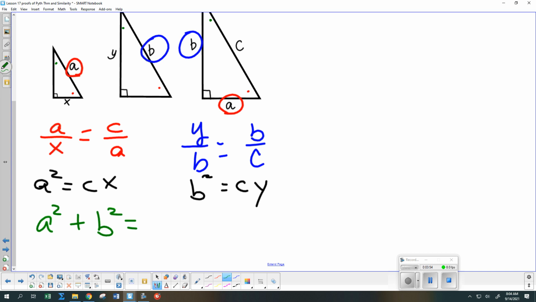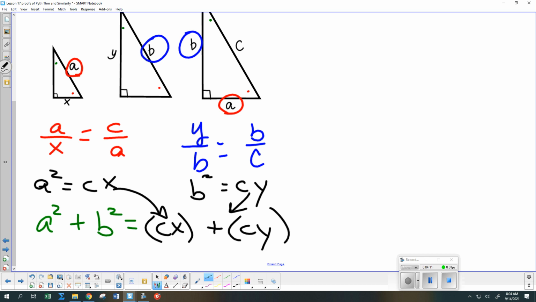Well, I know that A squared is CX and I know that B squared is CY. That means I can factor the C out, and I have C times X plus Y.